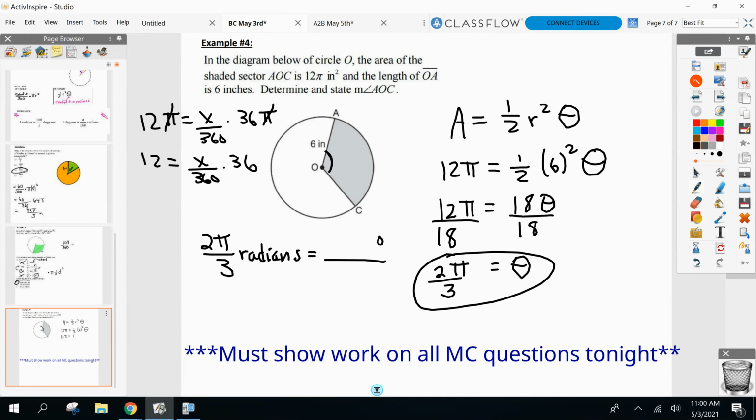I had 36x over 360 times pi equals 12 pi. I don't see why that should be a problem. 12 pi equals 36x over 360 pi. Then I cancel out the pies. So you get 12 equals 36x over 360. I multiply both sides by 360, and then divide by 36. And still got 20.